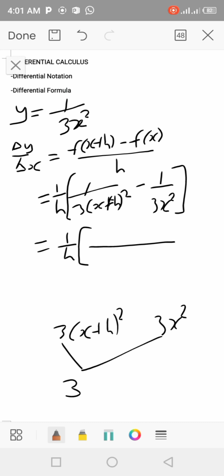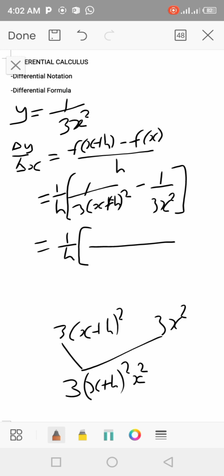Whatever is left in the first, which is x plus h raised to power 2, and x raised to power 2.